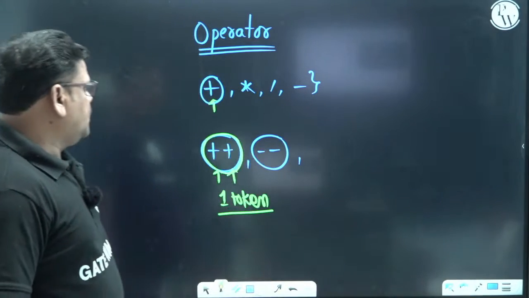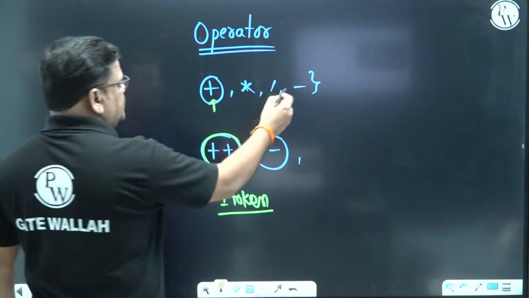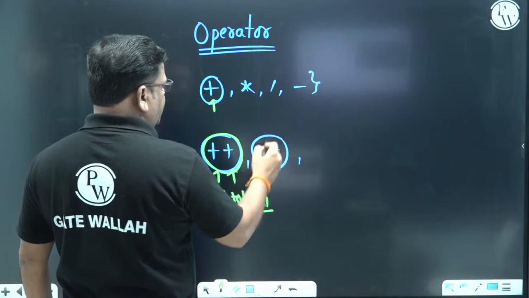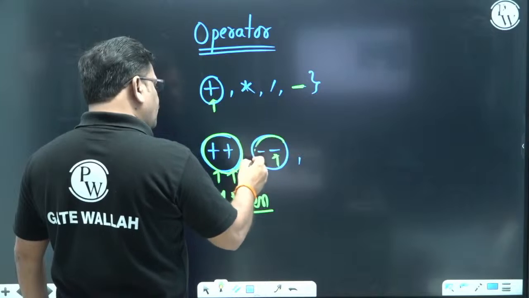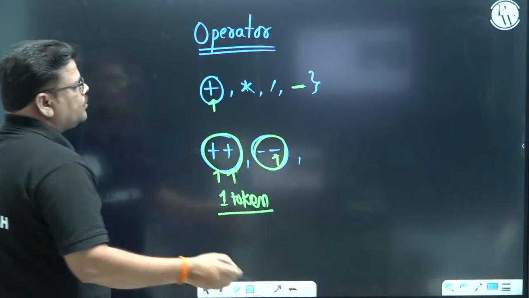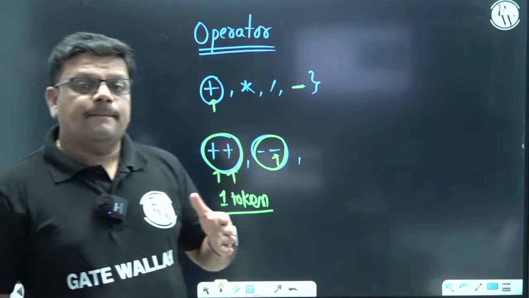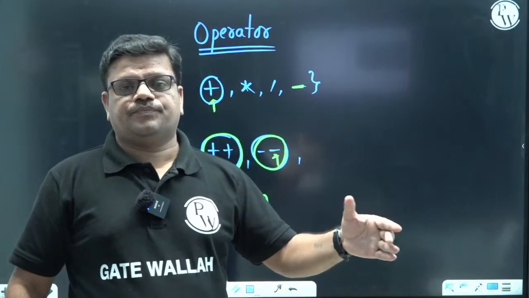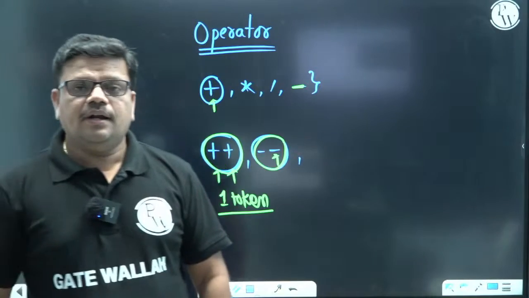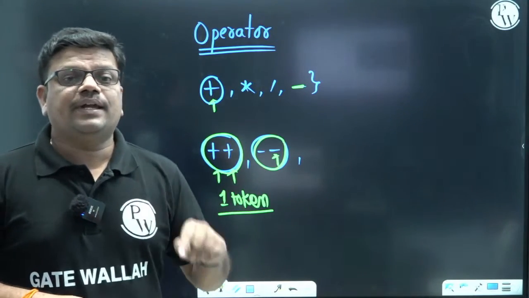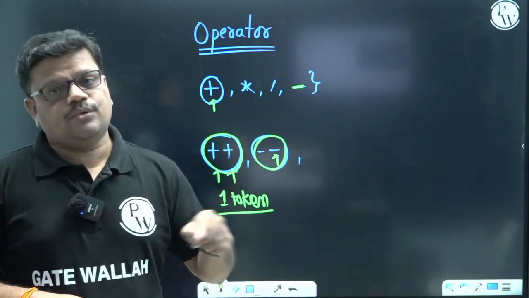In the same way, minus, minus minus. If we have a minus, don't produce a token; see the next symbol. If together they form a meaningful operator, then produce a token. Like this, the decision of when to produce a token is taken by the lexical analyzer by looking at the next symbol, which is called the look ahead symbol.